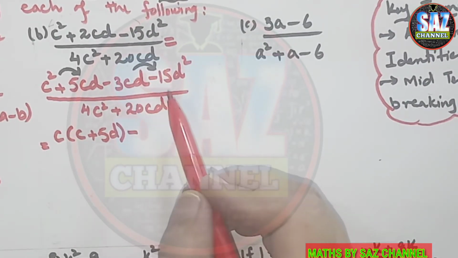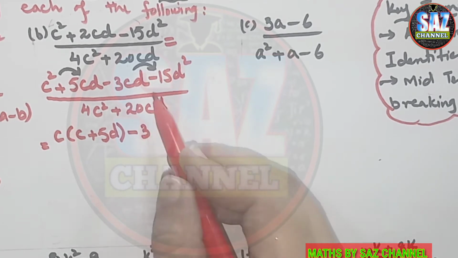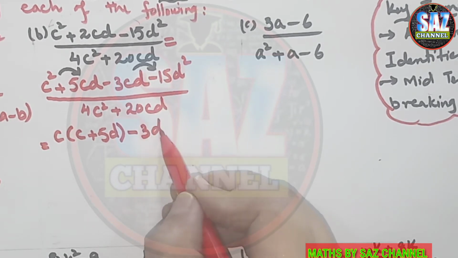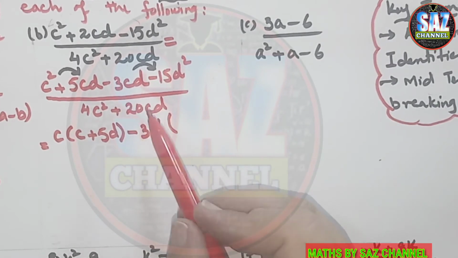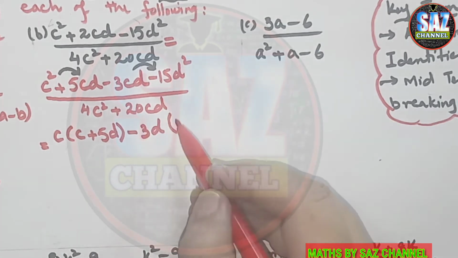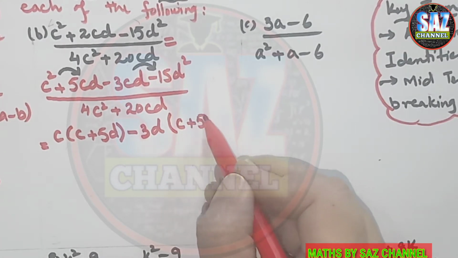Secondly, the table of 3 is suitable for 15. Extract 3 out, and from the letters I have to take out d, and then inside the bracket, from 3cd I have extracted 3d out. Inside the bracket I will be left with c + 5d.